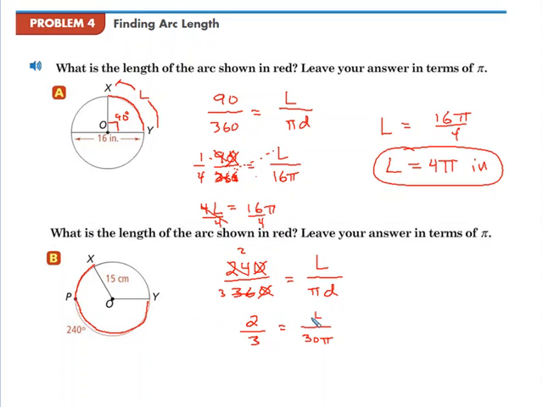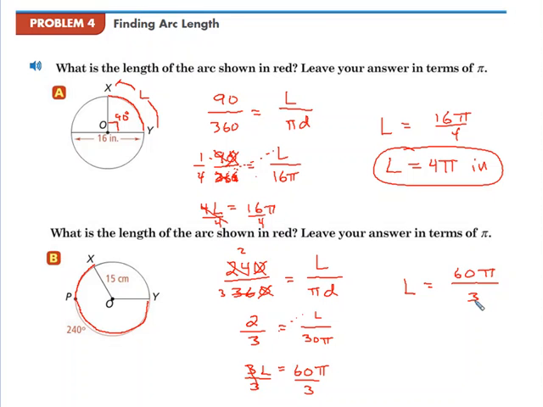And now we have a much simpler equation to solve. Cross multiplying, 3L equals 2 times 30 pi, which will be 60 pi. And now we're going to divide to solve for L. Divide by 3. Divide by 3. So L, the length of that arc, will be 60 pi divided by 3.